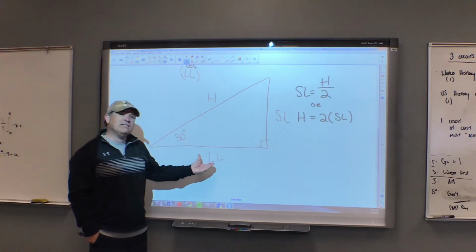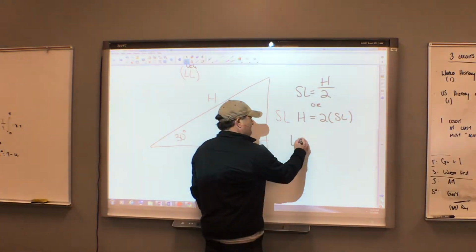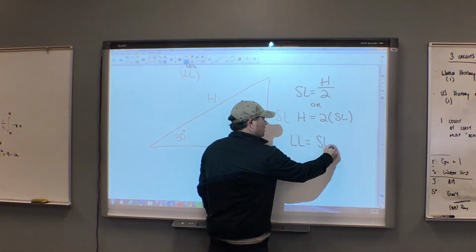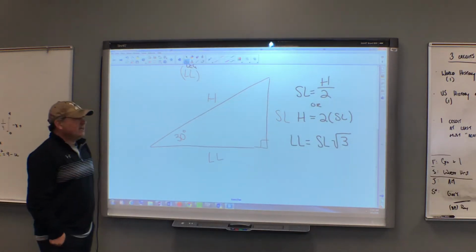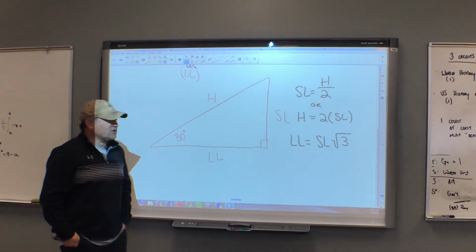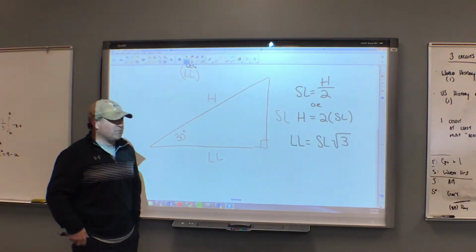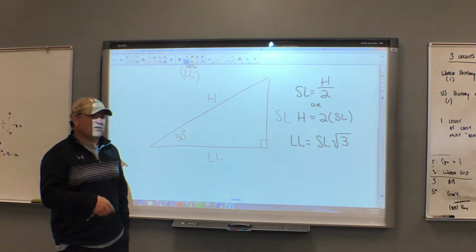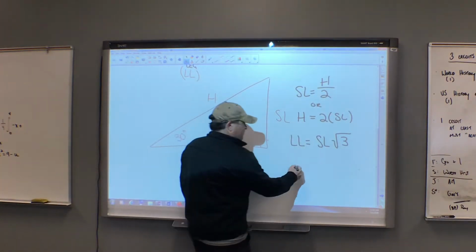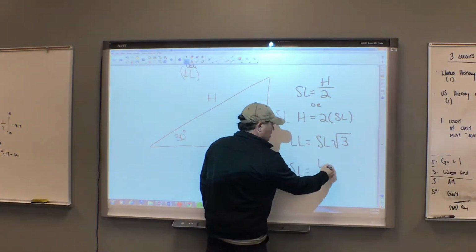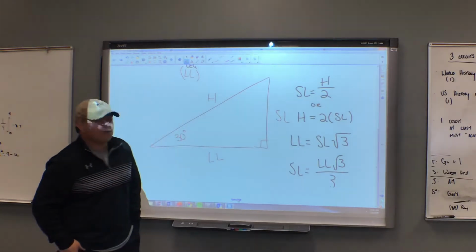Okay? The long leg is not as cool, not as easy, but the long leg is going to equal the short leg multiplied by the square root of 3. In reality, you should use these enough that you know them, or have a pretty good recollection of them so that you can look them up really quickly. The short leg, coincidentally, is the long leg times square root of 3 divided by 3. There's a little bit of algebra.